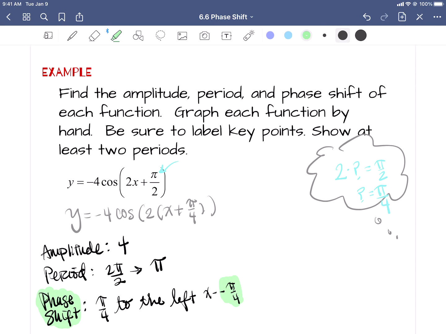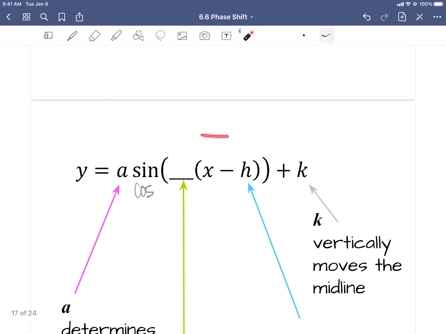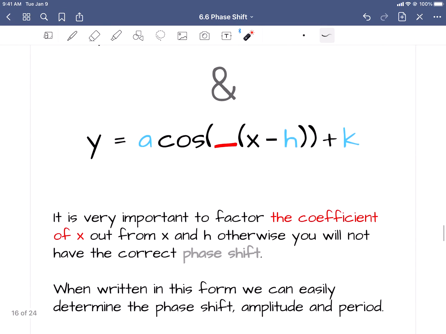That is it. So that's why it's very important you have the value that's determining the period factored out. It can't be in there with it. All right. And it even says it like this. It says get these guys all isolated.